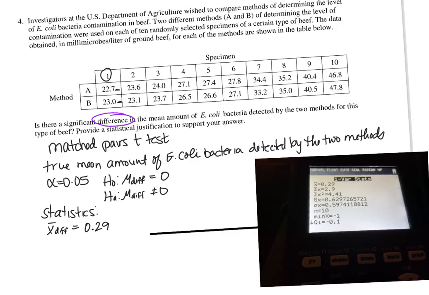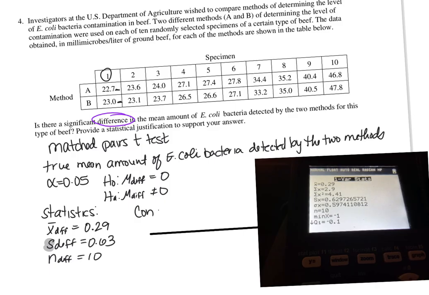S of the difference is 0.629 97, so we're going to round that to 0.63, and then n, the number of differences, is 10. So there are the statistics, and now let's check our conditions.